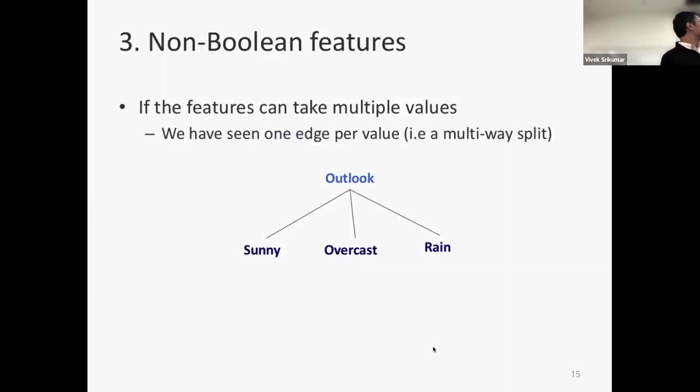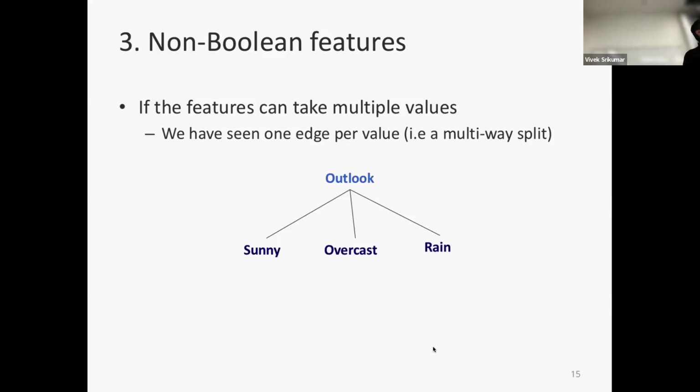In the 4 minutes that are left, let's consider the case where the features are not Boolean. We've already seen this. The feature outlook can take 3 values: sunny, overcast, or rain. So your trees don't have to be binary trees. Your trees can be these sorts of multi-way branching trees.